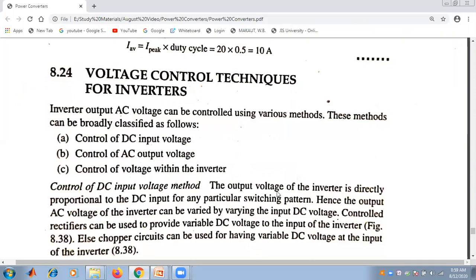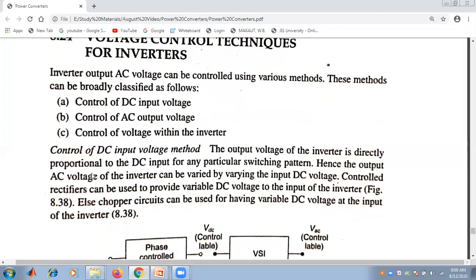These methods are classified as control of DC input voltage, control of AC output voltage, and control of voltage within the inverter.